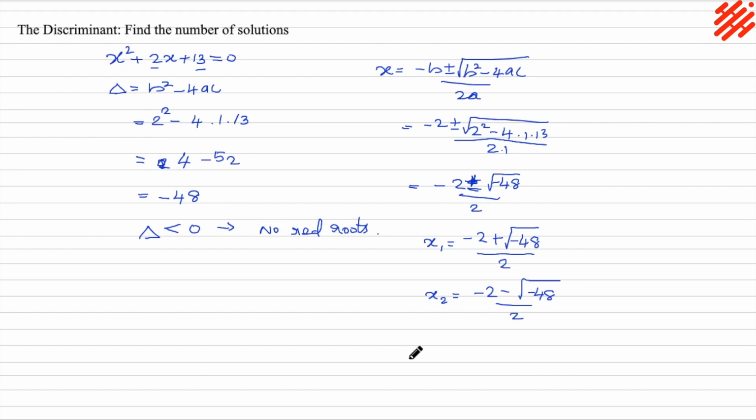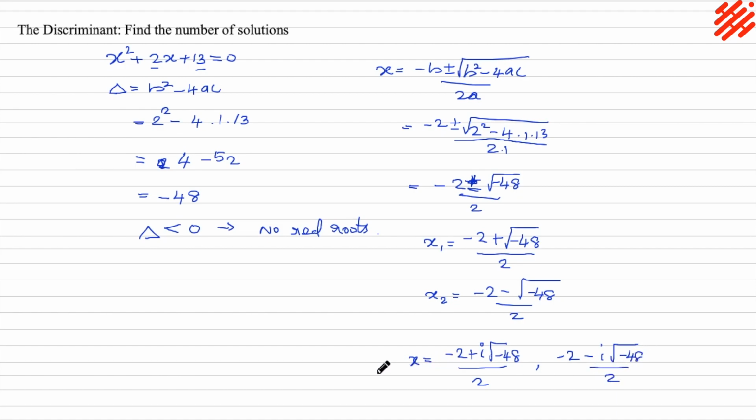Putting it all together, x has two imaginary roots: minus 2 plus i root minus 48 divided by 2, and minus 2 minus i root minus 48 divided by 2.